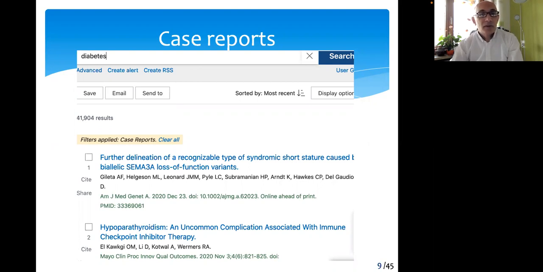Case reports are also very frequently encountered in scientific research, and they're important. What are case reports?